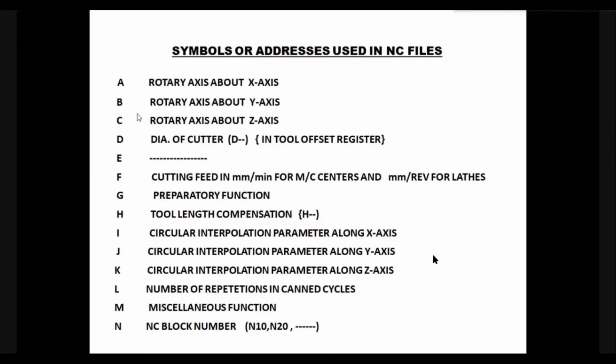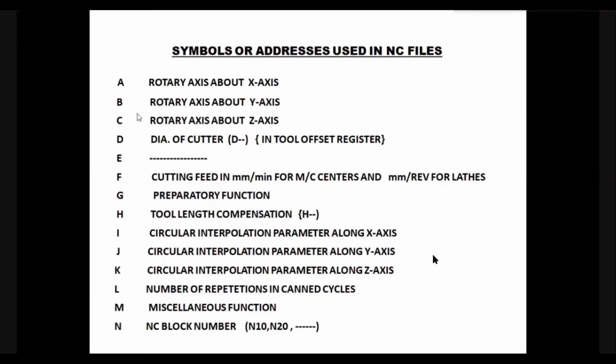We will be very frequently coming across only 30 or 40 functions in G code, and another 15 to 20 values in M codes. Once we remember and go on practicing these codes in our programs, automatically you can just do the program readily without writing the program on pen and paper, on a logbook or something. Okay. So these miscellaneous functions are used to control the machine functions.